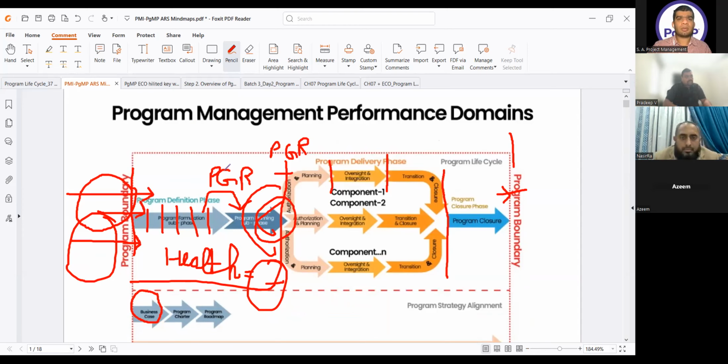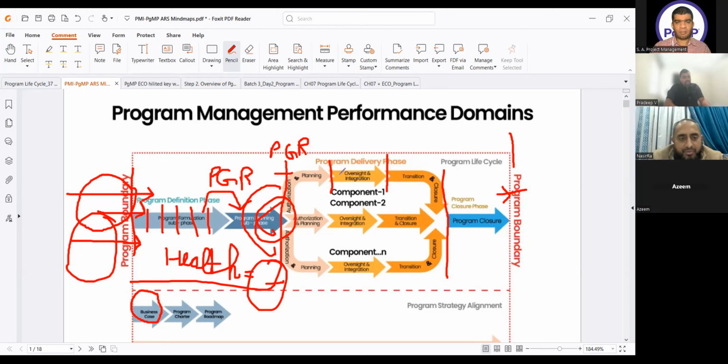Yeah. So I define all the phases of the program here. First one is program definition phase, second one is program delivery phase, and then program closure phase. In the program definition phase, one subphase is program formulation phase, and the second is program planning phase.